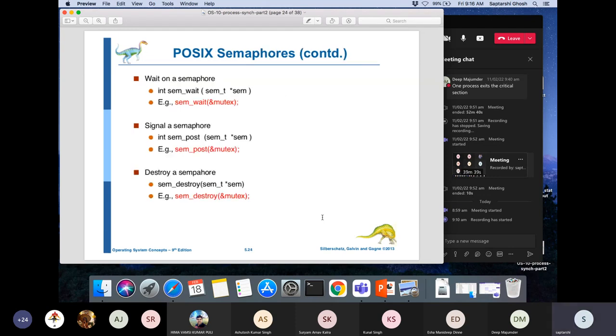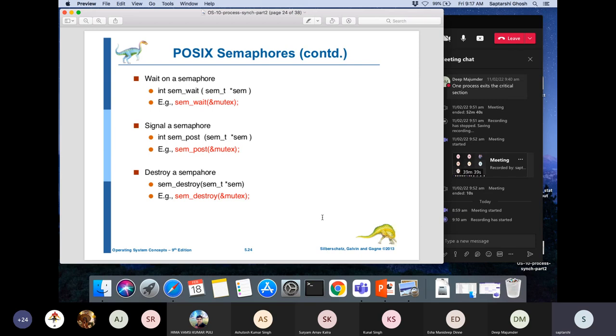Then there are system calls for wait, signal, and destroy. So sem_wait is you wait on a semaphore. And sem_post is used for signaling a semaphore. And then you can destroy a semaphore. So again, I'm not going into the details of these calls here.